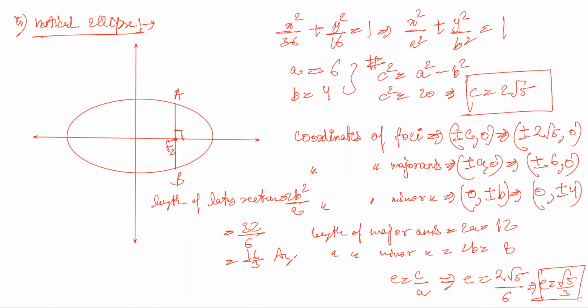So what should be the coordinates of the foci? 0 comma plus or minus 5 root 3. Correct. Then coordinates of the vertices? 0 comma plus minus 10.